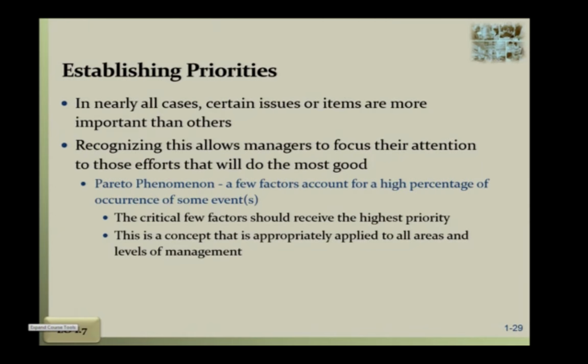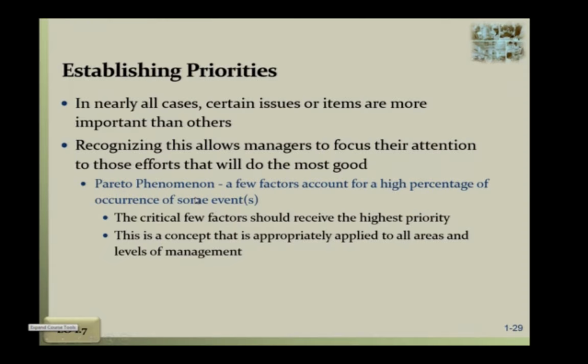So if arrival and departure delay is the one with the highest percentage of complaints, that is a critical few, one of the critical few factors. Okay, that results in the high percentage of complaints.